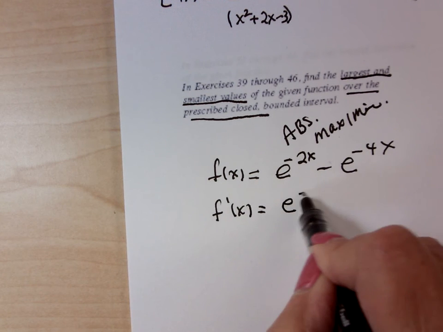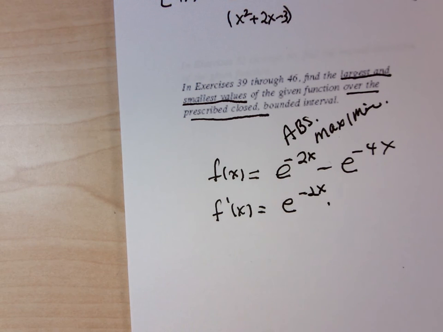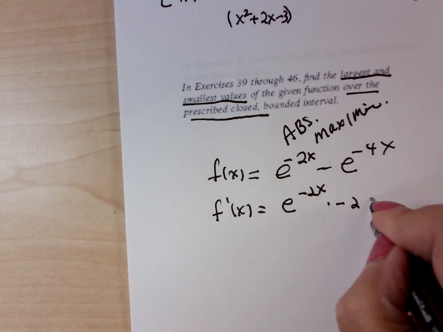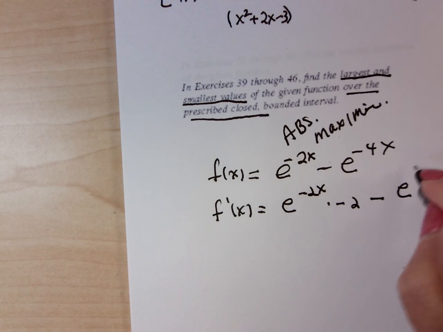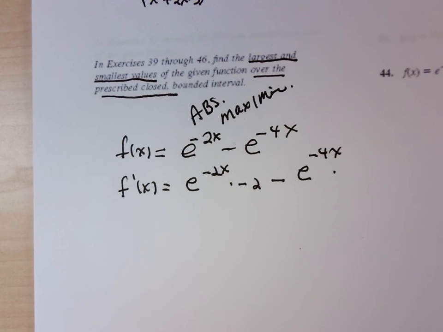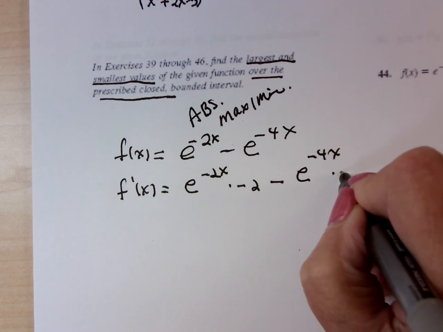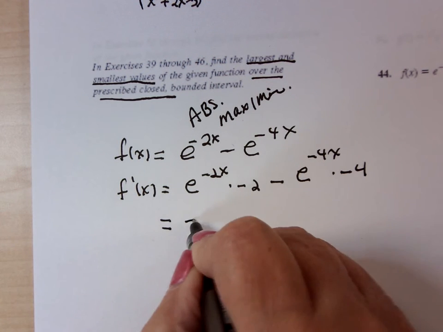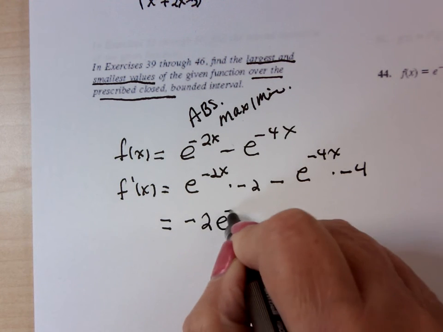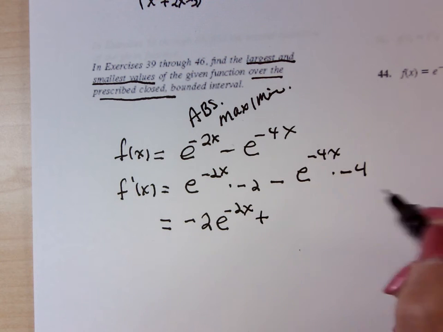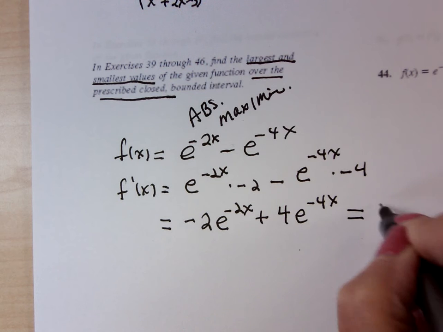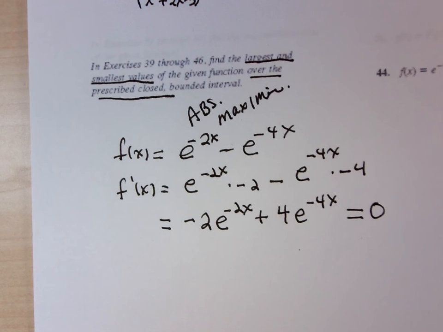It's e to the blob. And what's the derivative of the blob? Negative 2 minus e to the blob times the derivative of the blob. And what's the derivative of the blob? Minus 4. So simplify, it's negative 2 e to the minus 2x plus 4 e to the minus 4x. And I need to take that, set it equal to 0 to get my critical numbers.